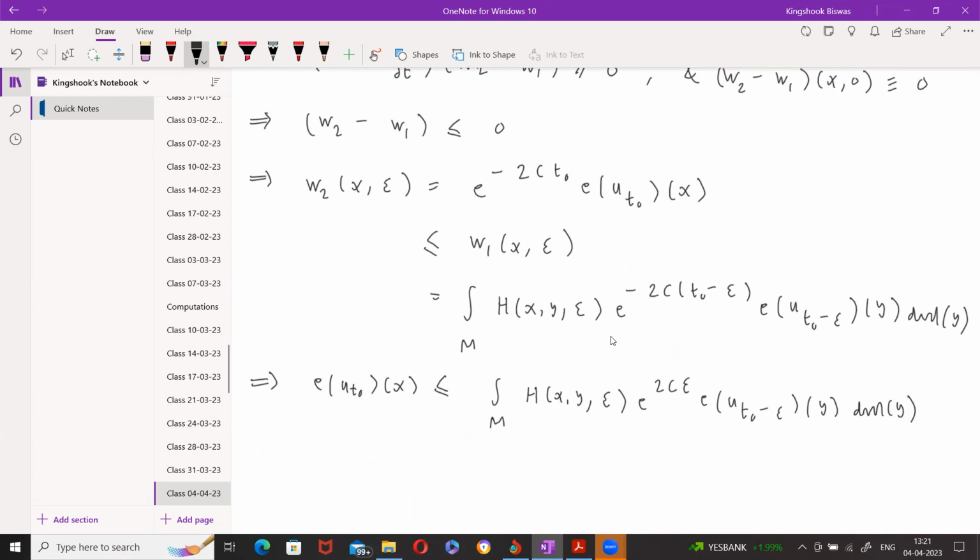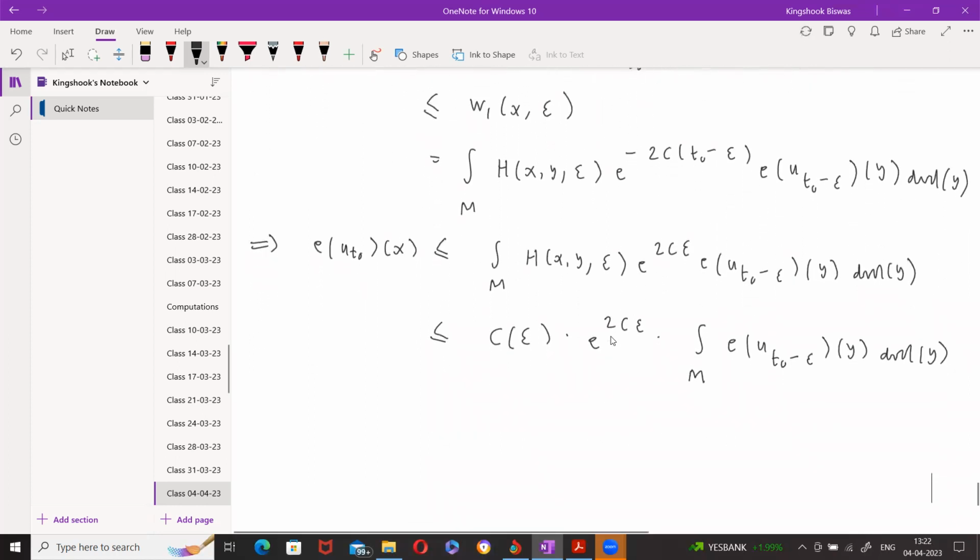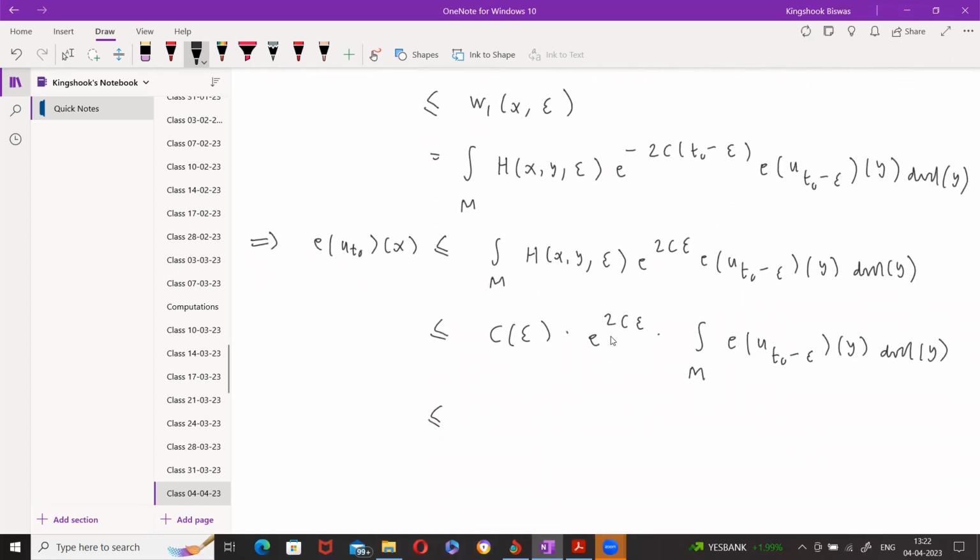And this h of x y epsilon, by the fact that we stated earlier, is less than c epsilon, into e to the 2c times epsilon, into the integral over M of e of u t naught minus epsilon of y d vol y. Okay. So the whole thing is less than some, let me call it, c tilde of epsilon. And this integral is what? This integral is the total energy of u t naught minus epsilon.